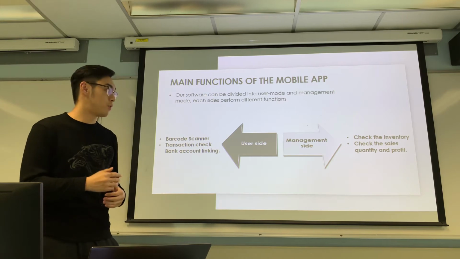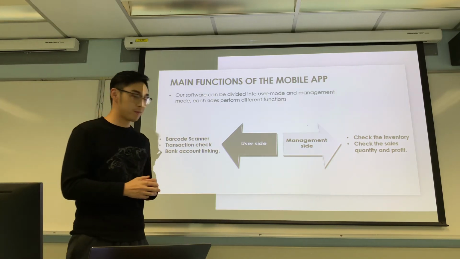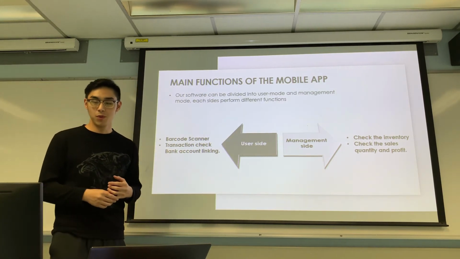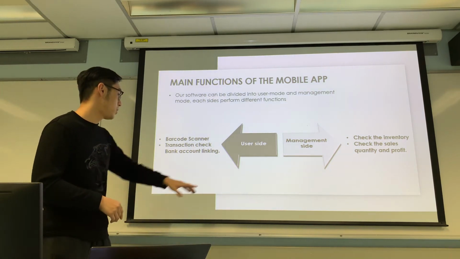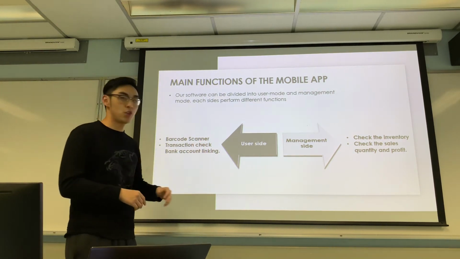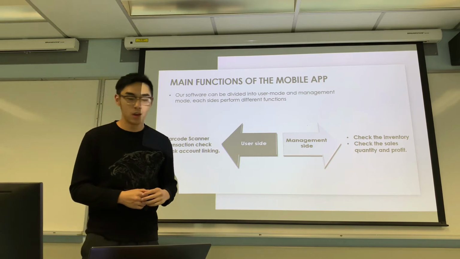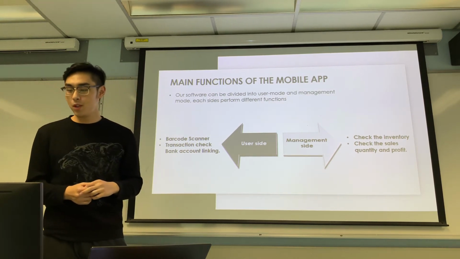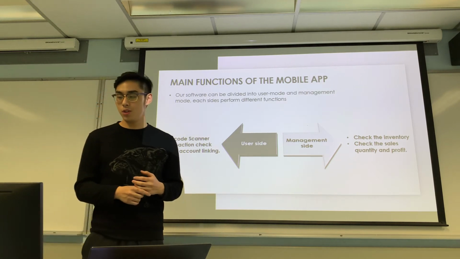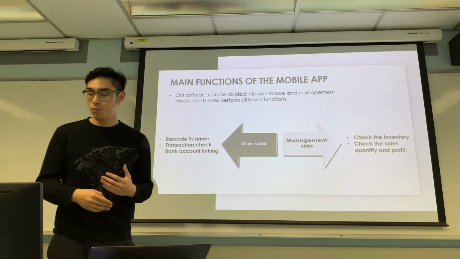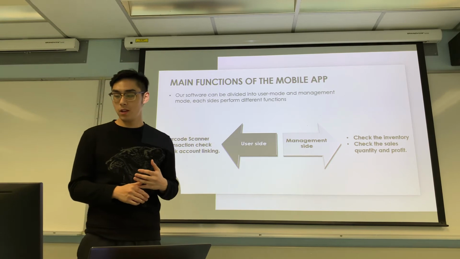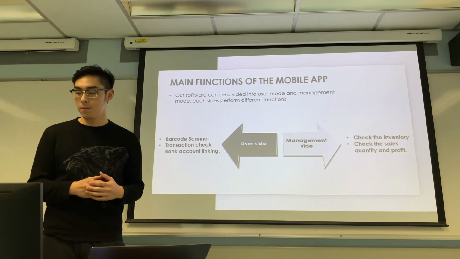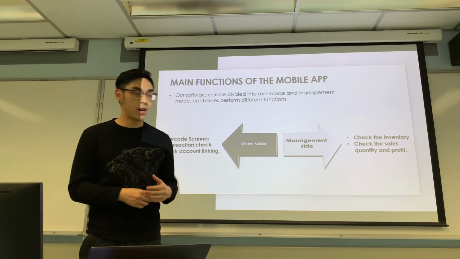Each side will perform totally different functions, but both of them are very important. On the user side, we mainly have 3 functions: barcode scanner, transaction check, and bank account linking. And on the management side, there are primarily 2 functions: inventory checking, and sales quantity and profit tracking.